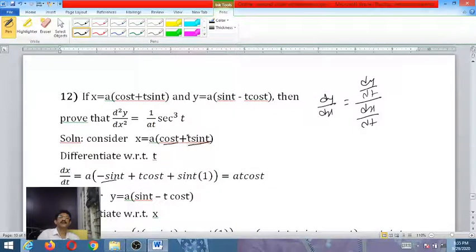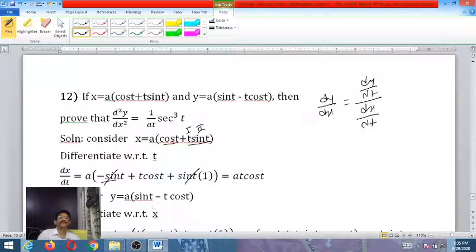Here t into sin t is there. Product rule, first function, second function. First t, the derivative of sin t is cos t, plus second sin t, the derivative of t with respect to t is 1. So here minus and plus get cancelled. It is a t cos t.